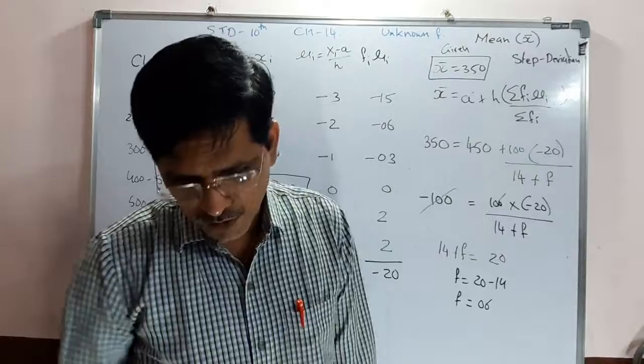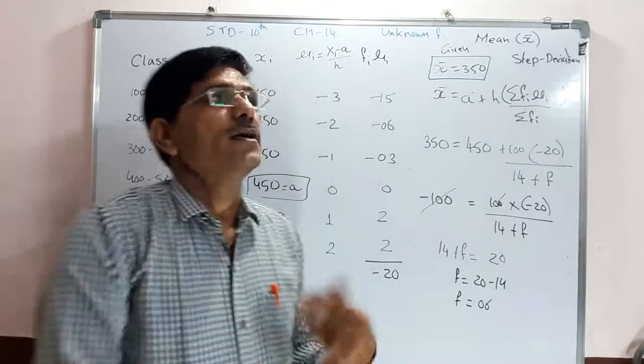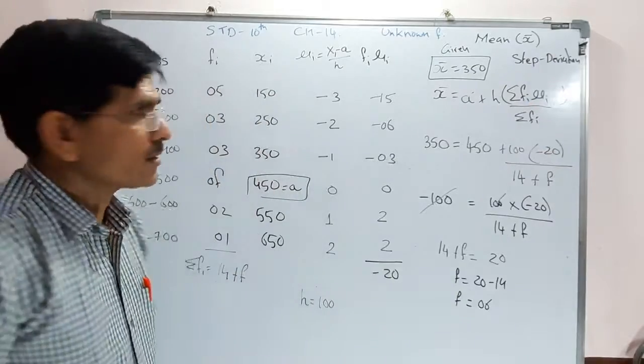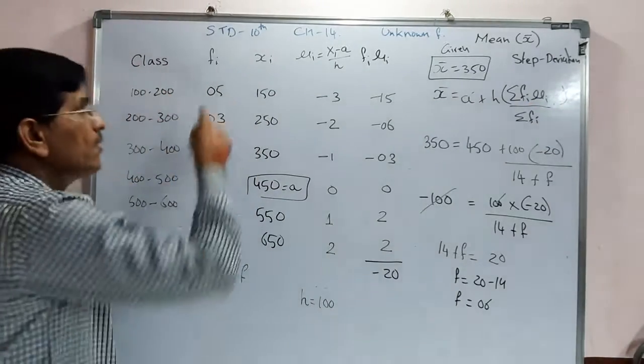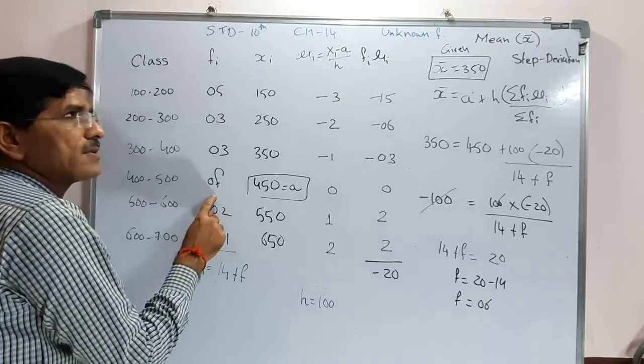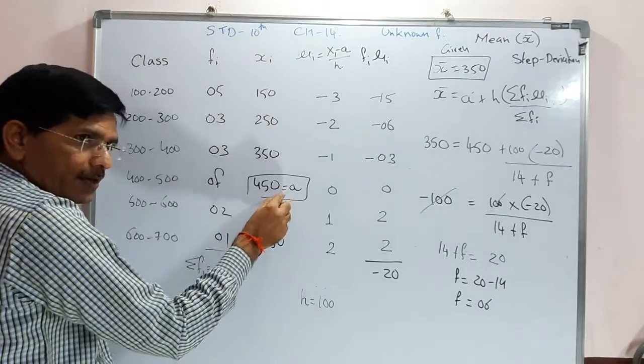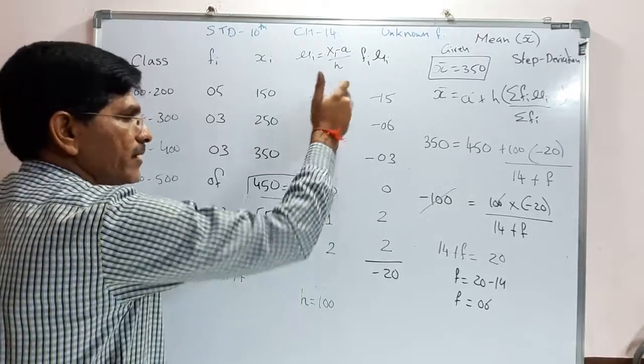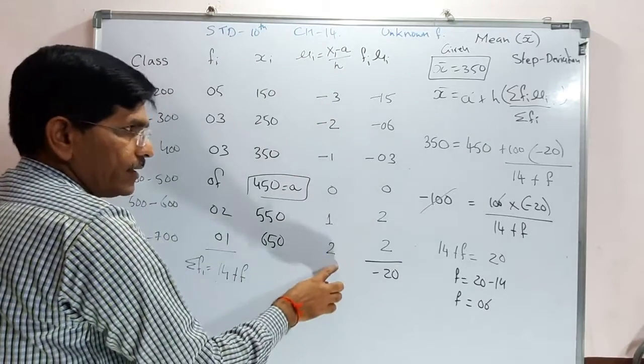Finding the unknown frequency is very easy, but it is important to use the step deviation method. The class is given with an unknown frequency; wherever the frequency is unknown, xi is a, and in ui directly put 0, above it minus 1, minus 2, minus 3, and below 1 and 2.